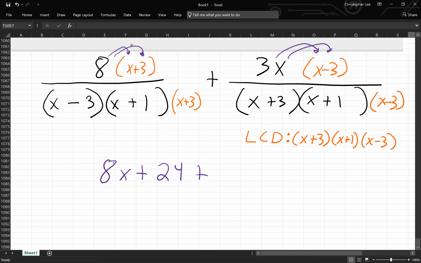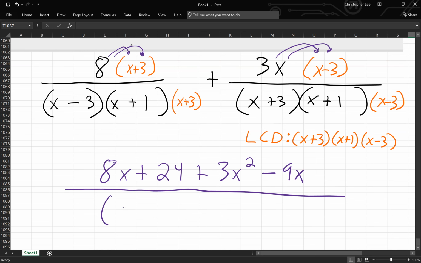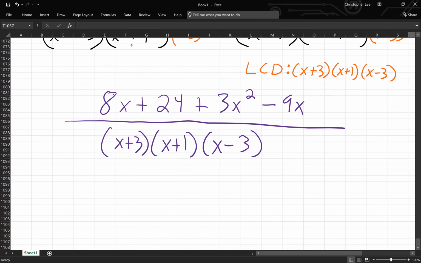Plus 3x times x, what's that? 3x squared minus 9x, all over the LCD, that's x plus 3 times x plus 1 times x minus 3. Let's combine like terms.